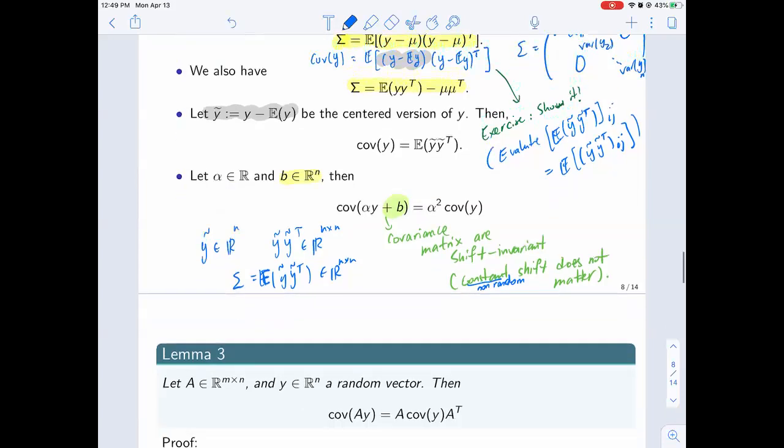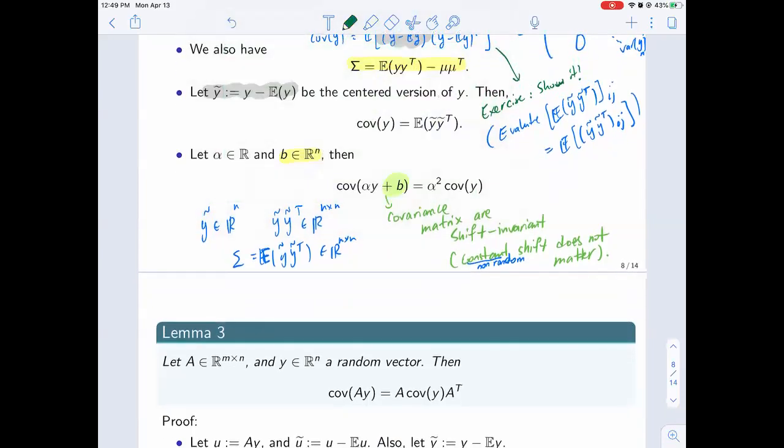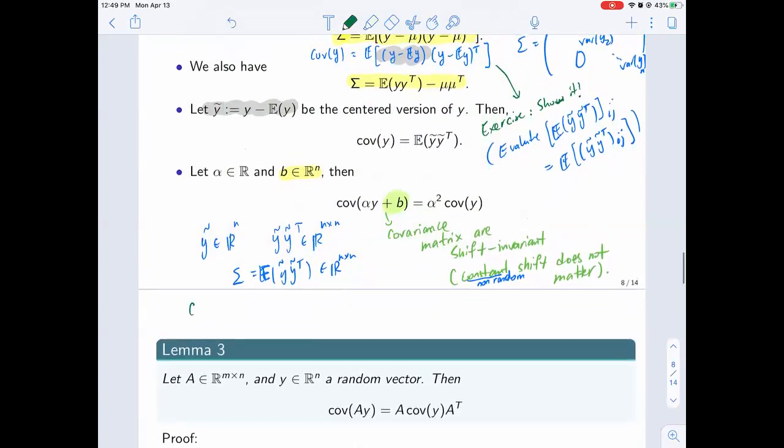So for example, suppose I have some covariance of y. Covariance of y is 2, 0, 0, 3. Or maybe 2, -1, -1, 3. So that's the covariance of y.